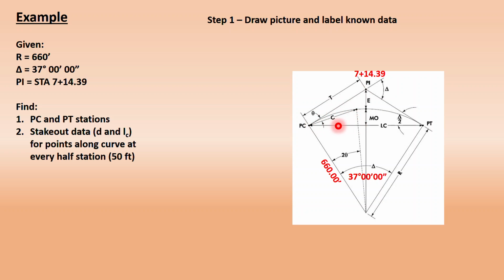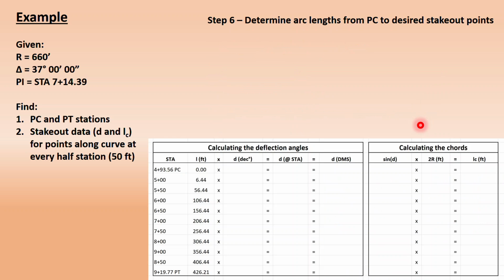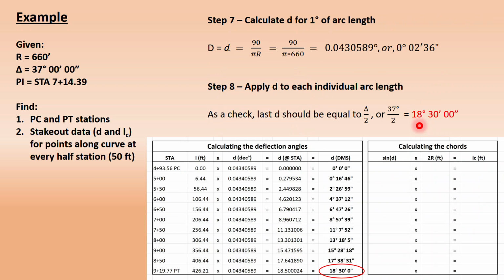This angle in here would be 1/2 delta, which is also the deflection angle you would need to turn if your instrument is on the PC, you're backsighting the PI, and you're turning a deflection angle to establish the end of your curve, the PT. So that's what we just verified right there.